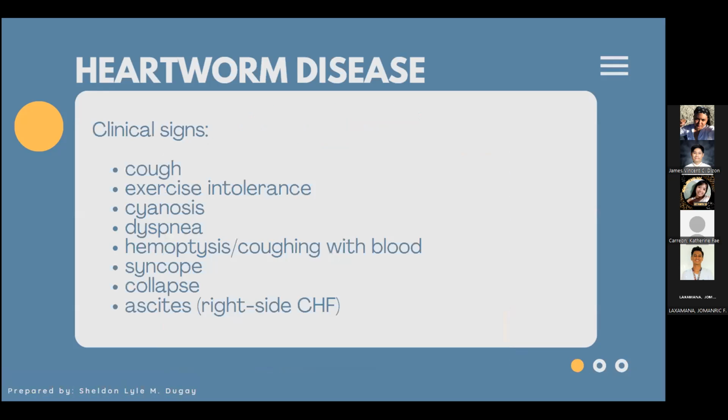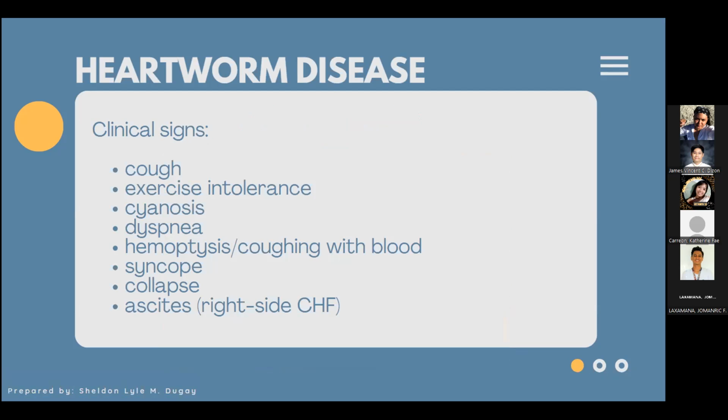And then, yung clinical signs niya is cough, exercise intolerance, cyanosis. Exercise intolerance kasi napupunta din tong worm na to sa lungs. So, kung obstructed yung lungs niya, nahihirapan din siyang huminga. So, hindi niya kaya yung mga extraneous exercise na dati niyang ginagawa.